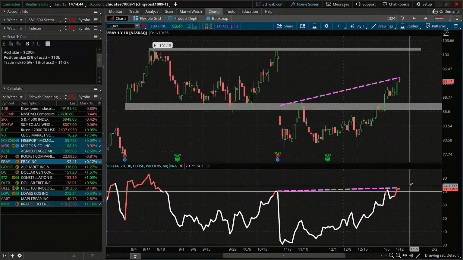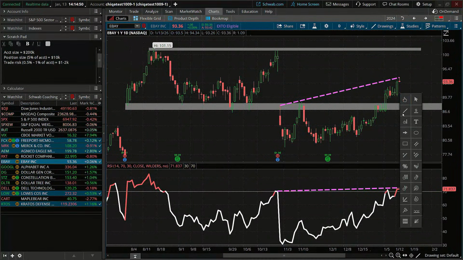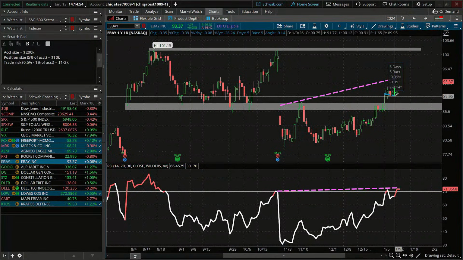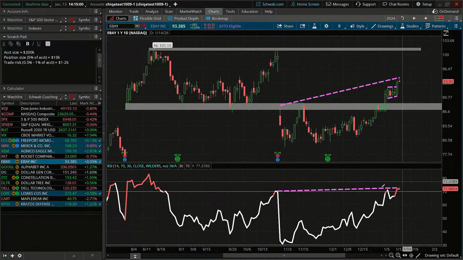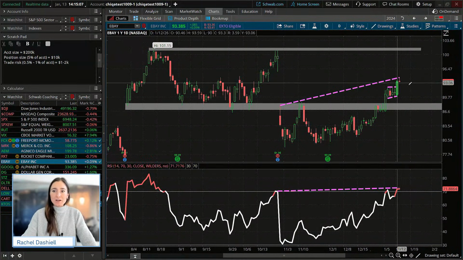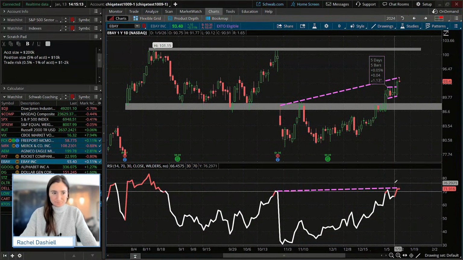So when we do see that kind of pair up and we do see that break of resistance, almost like we saw here with this just little short-term consolidation, or if you want to call it a pattern here, we did see that breakout, but it was all on positive momentum as well. So that would give us a little bit more conviction to enter that trade at a break of old highs, or seeing a break of resistance on that strong momentum.